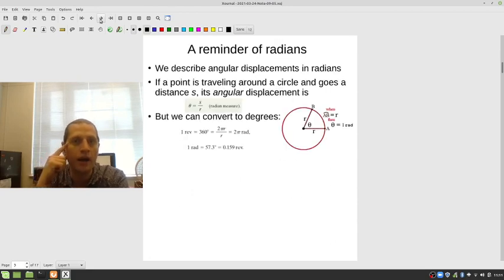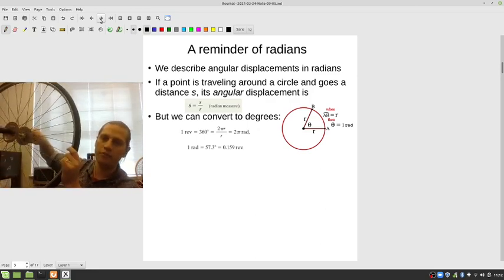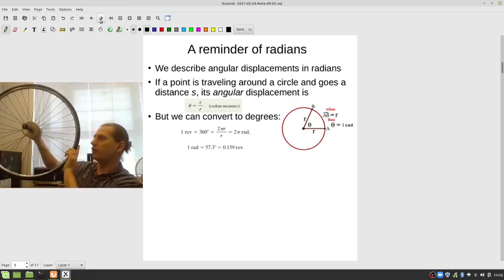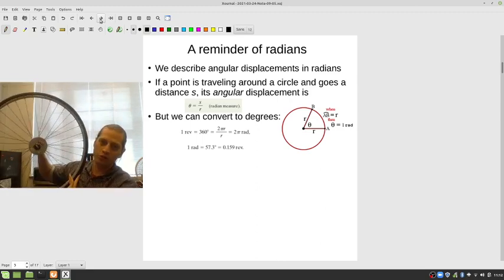Okay, now, as people who have taken calculus and all that, you know that we are going to be measuring our angular displacements in radians. And it's a little bit tricky to think about, because a more natural human way to think about going around a circle is to say, I went 1 revolution.